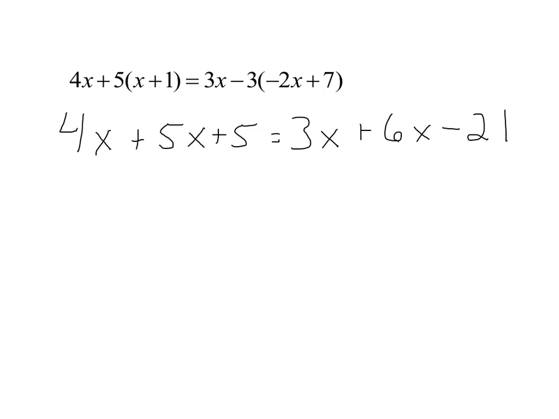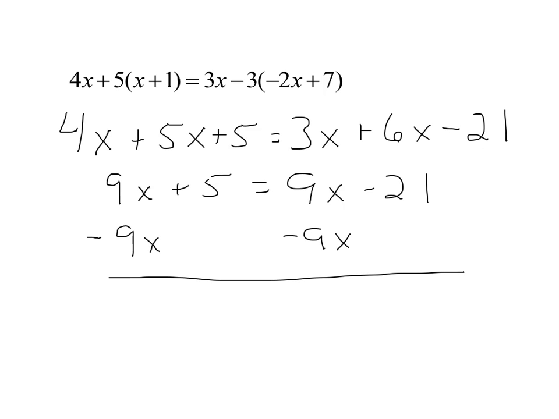Combine like terms on each side. So 4x plus 5x is 9x plus 5. Over here I have 3x plus 6x, which is also 9x, and this time it's minus 21. So it looks a little bit weird here. I have a 9x on each side, so it seems like my only choice is to subtract 9x, so I'll do that.